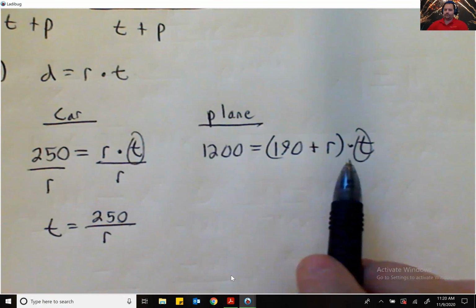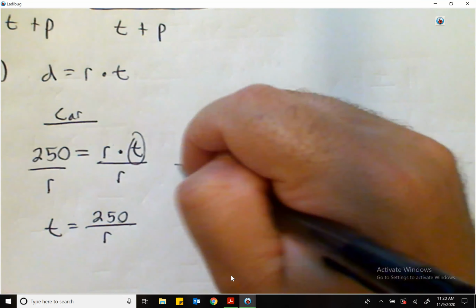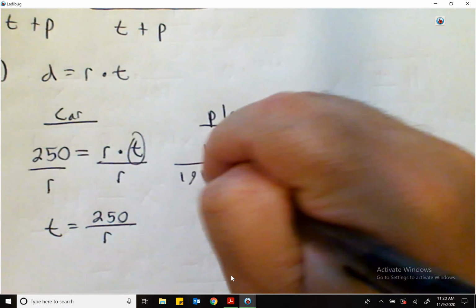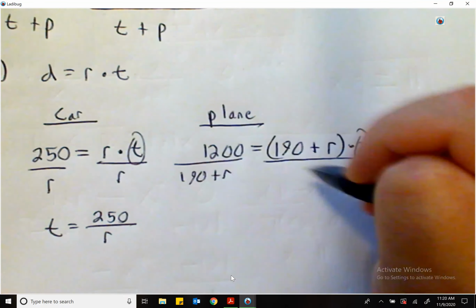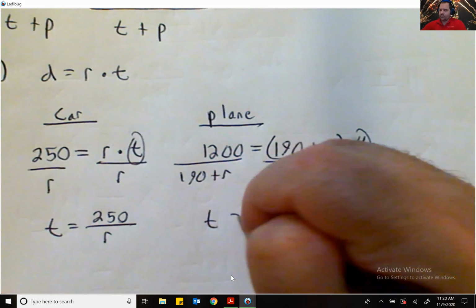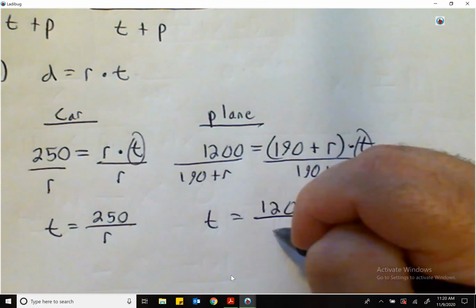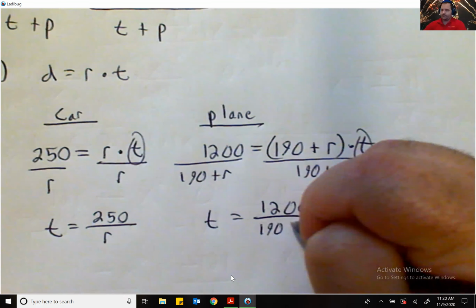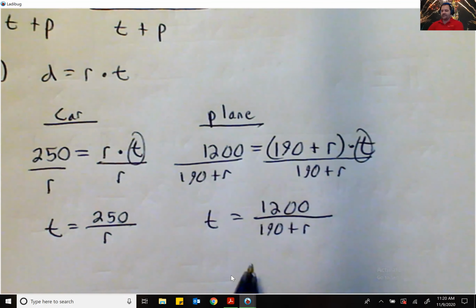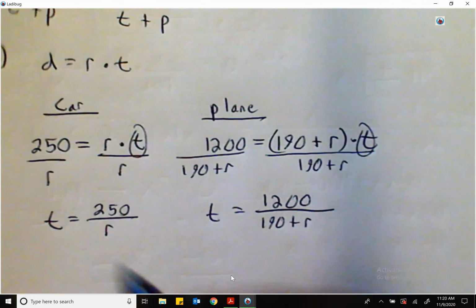What are you going to do? Divide by 190 plus R. You got it. So the plane's time is 120 divided by 190 plus r. Since both of these are the same, I can set these equal to each other.